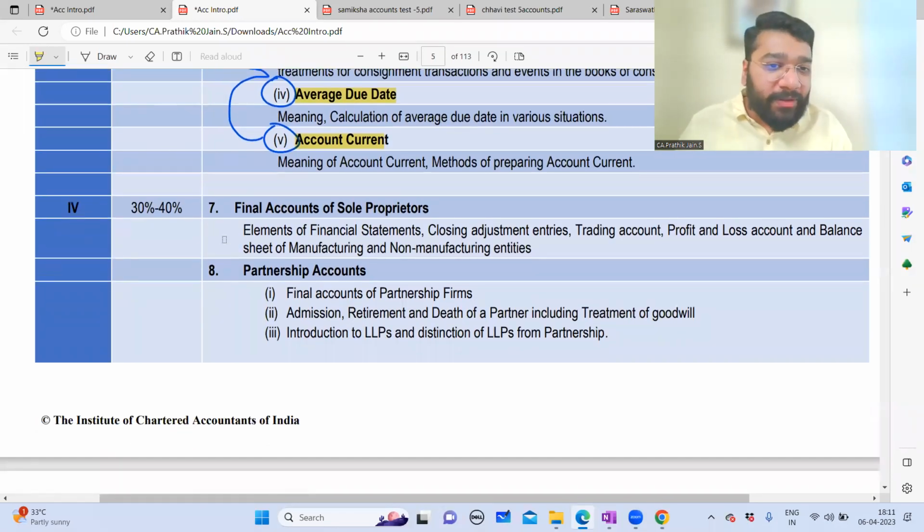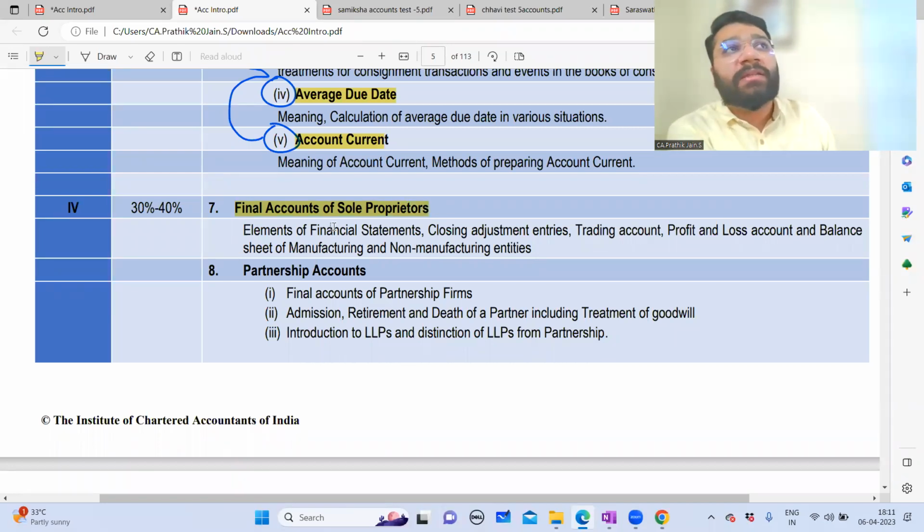Moving on further, you'll be learning the next chapter, the 7th chapter, the final accounts of the sole proprietorship concern. Now here there is a catch. You have studied the final accounts and adjustment of final accounts in your 11th standard. That was basically from the point of view of the non-manufacturing entity.